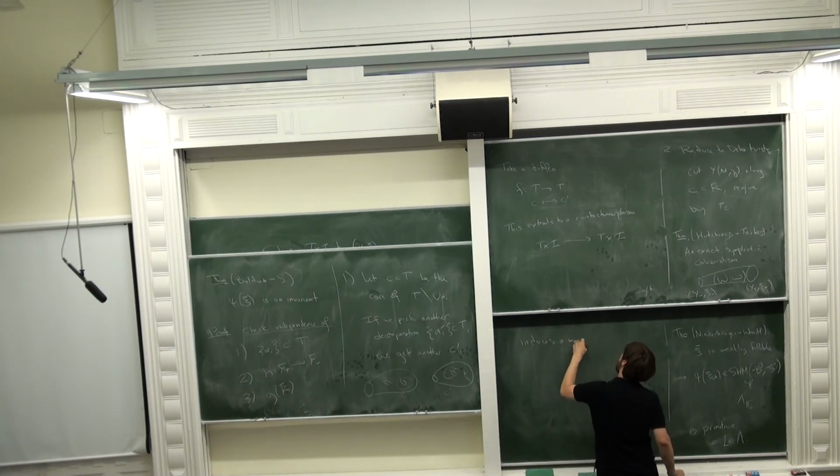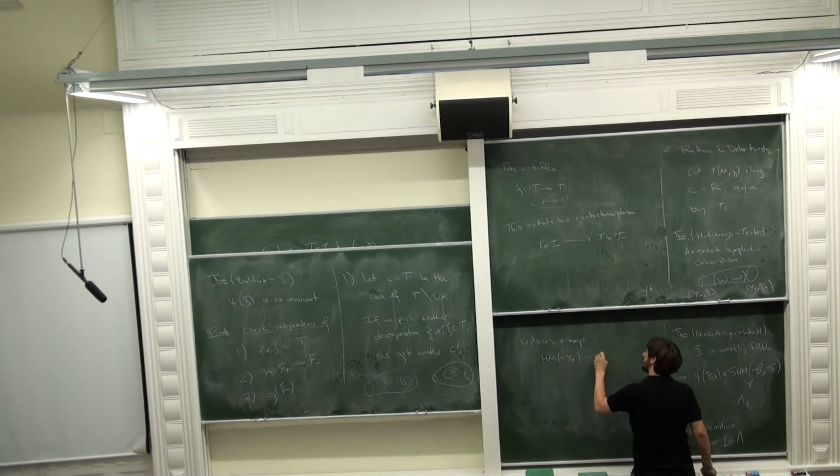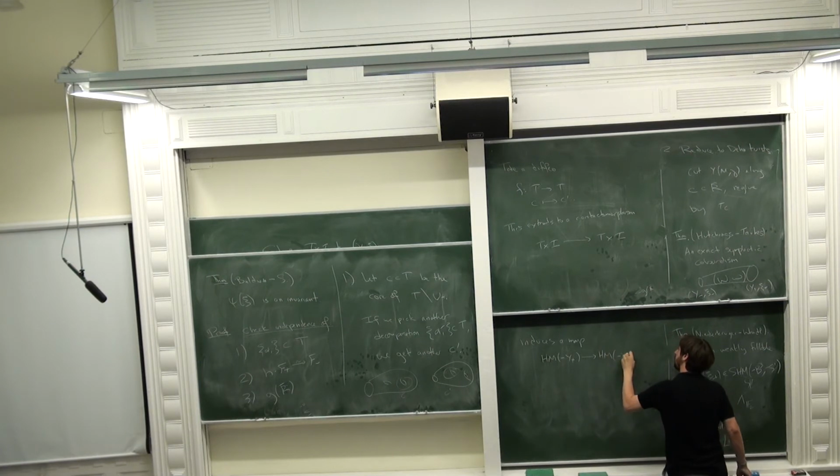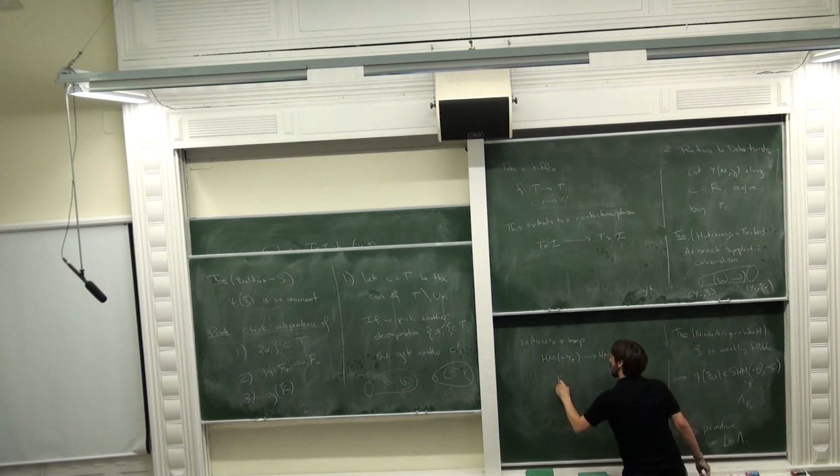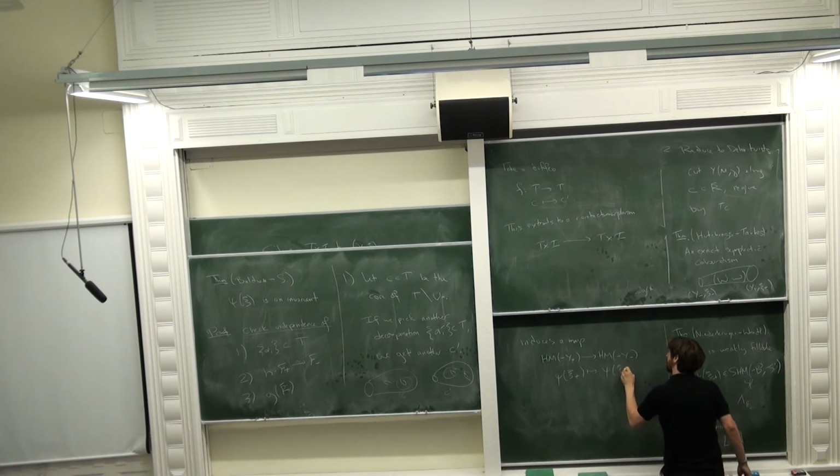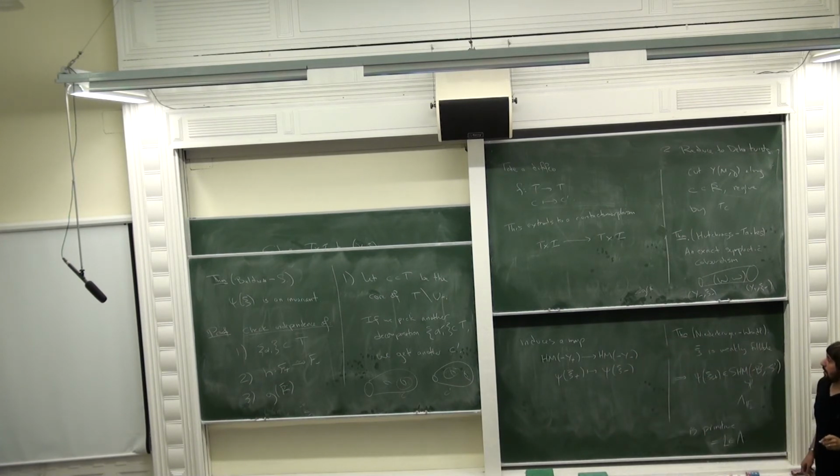So it induces a map from HM-bar of -Y_+ to HM-bar of -Y_-, sending the contact invariant of one to the contact invariant of the other.